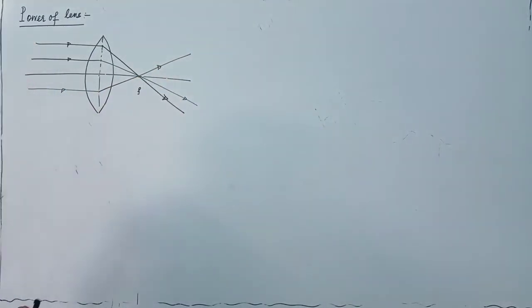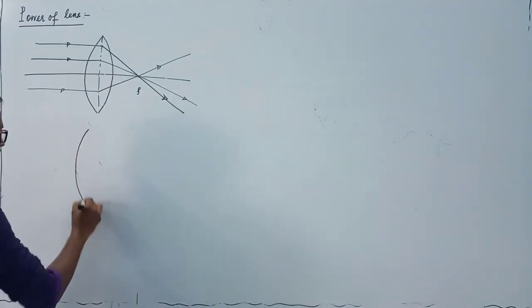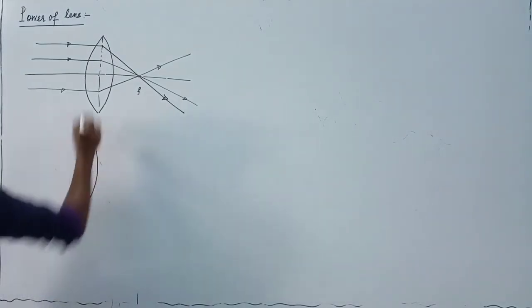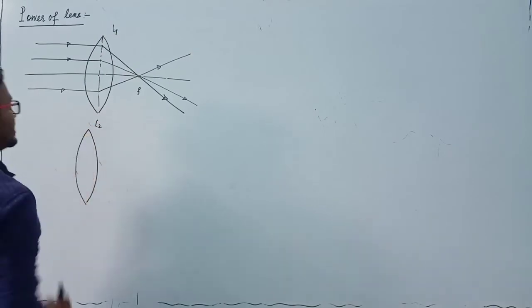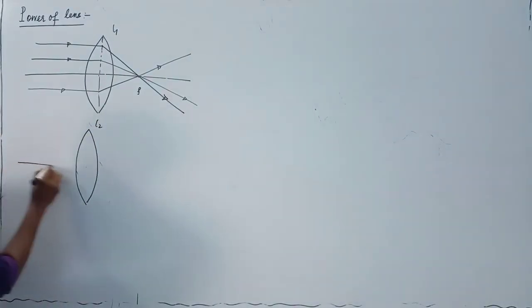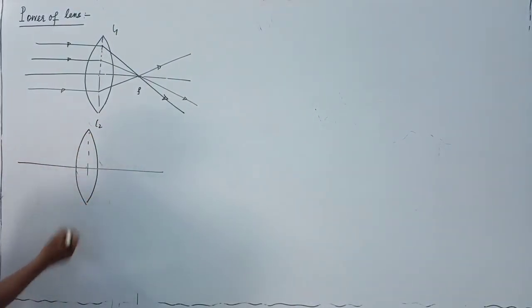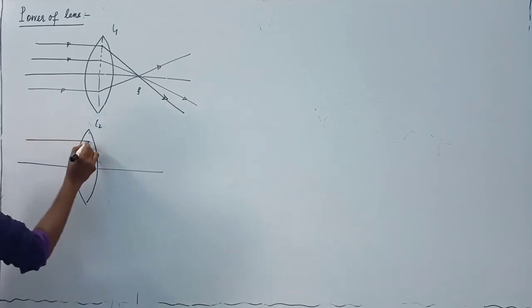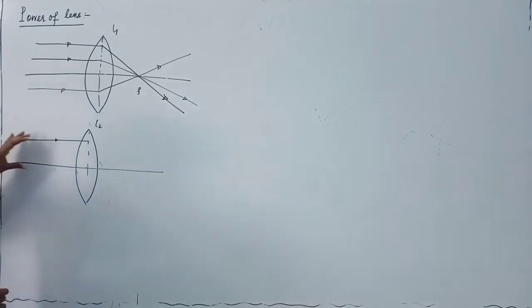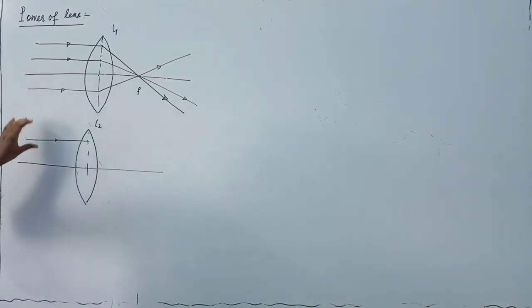Clear? Again, if we take another lens, this is lens L1 and this is lens L2. In this case, this is the optical center. Now these rays are coming from infinite distance, parallel to the principal axis.